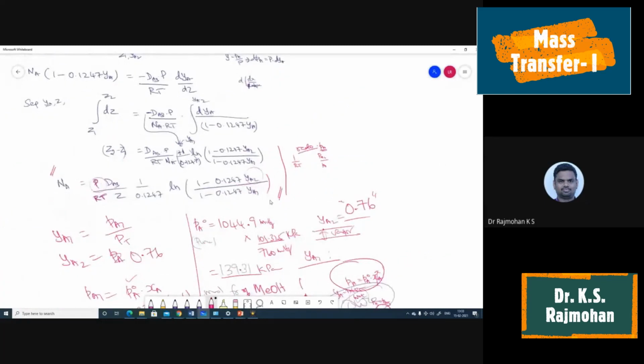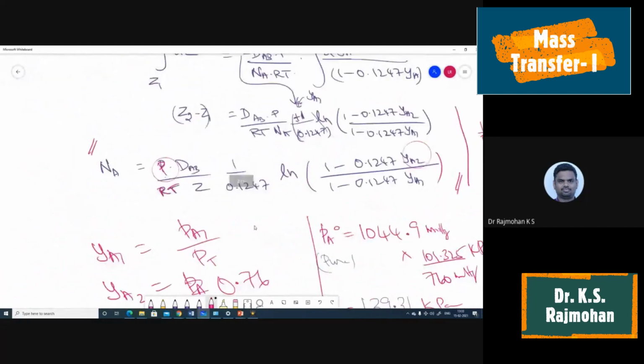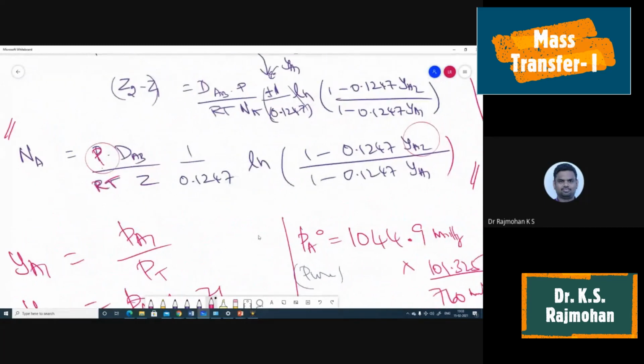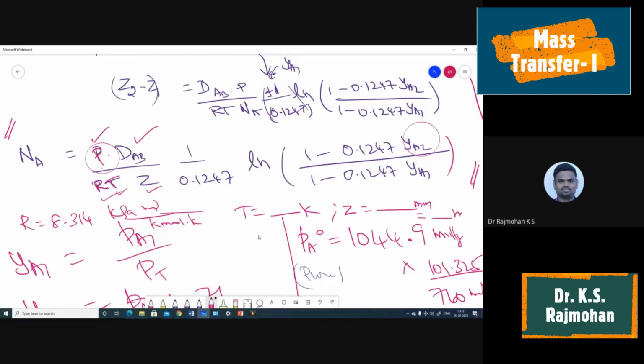To substitute in this equation: the total pressure, DAB given, R value is 8.314 kilopascal meter cube per kilomole Kelvin. Temperature is given, we have converted to Kelvin also. Z value is given in mm, write it in meters. Then YA2 value, YA1 value, substitute to get NA value.